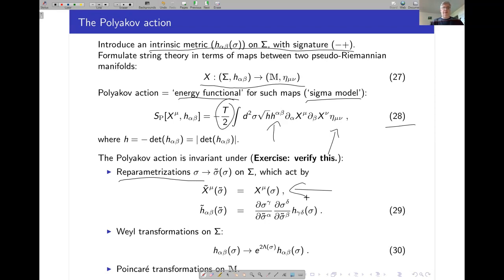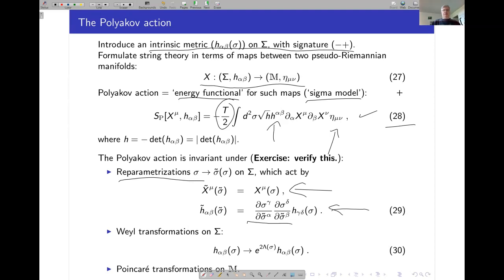In contrast, the worldsheet metric is a covariant symmetric second-rank tensor, and therefore it transforms accordingly under worldsheet reparametrizations, with the Jacobian or inverse Jacobian of the coordinate transformation acting on each index, the usual transformation behavior of a tensor. So this is reparametrizations, and this tells us that our action functional is well defined.